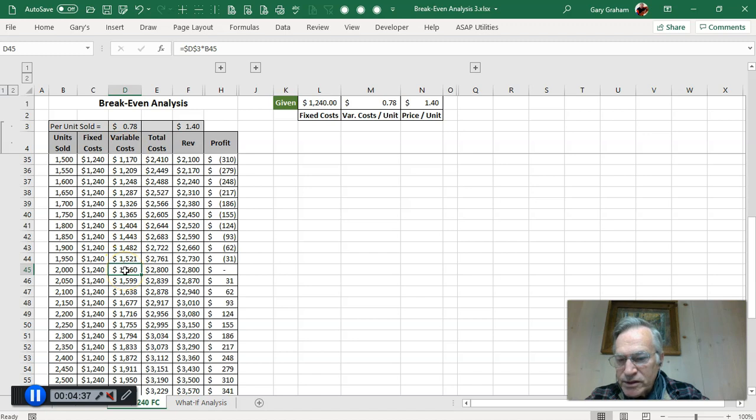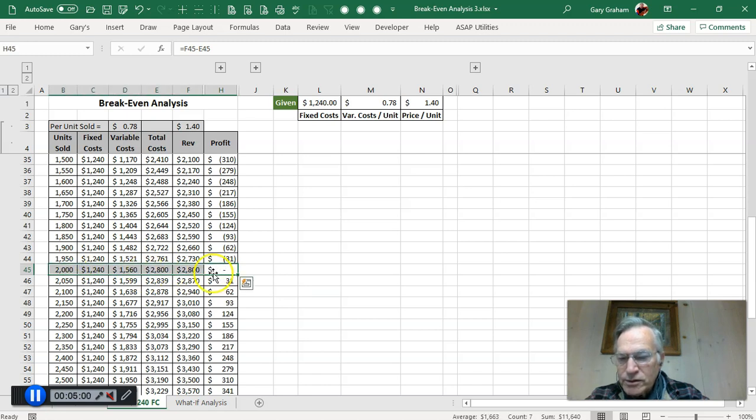So your total cost is $2,800, the sum of the $1,240 and the $1,560. Your revenue is 2,000 units produced at $1.40 each, which is also $2,800. So revenue of $2,800 minus cost of $2,800, that's your break-even point.